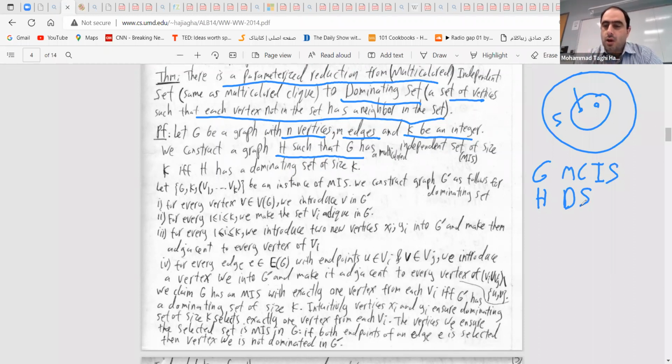Good. So what is G? In G, we have these K color classes. So there are K sets here.